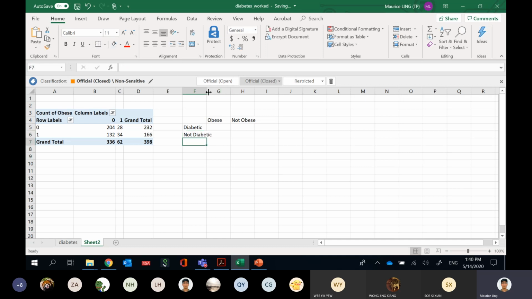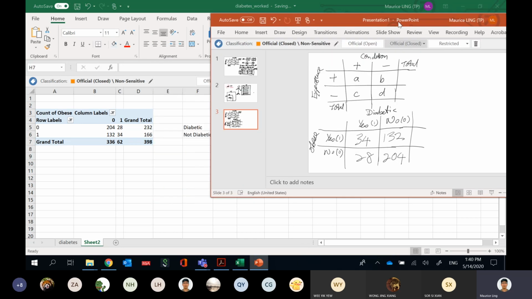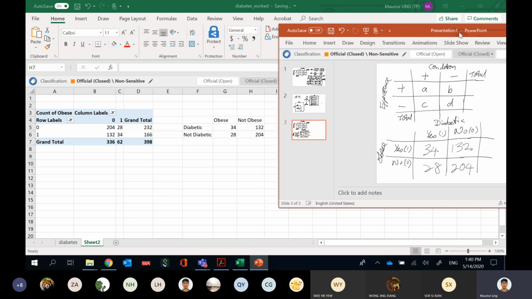Since there are only 4 numbers, we literally rewrite it ourselves: 34, 132, here will be 28, and 204. So that is what we have here. So far, so good? Yep.